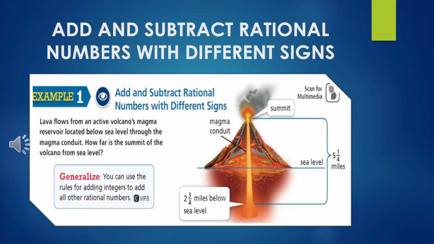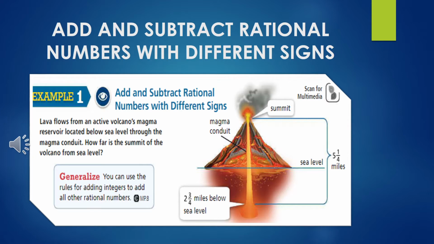In this first example we need to find how far the summit of the volcano is from sea level. You can see that the summit is on the top of the volcano and I have the distance from the summit until the part below the sea level, and this distance is equal to 5 and 1/4 miles.